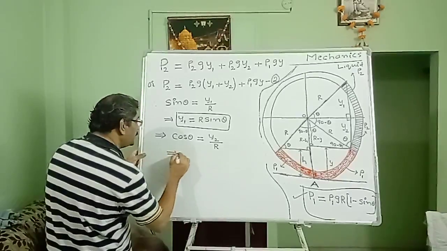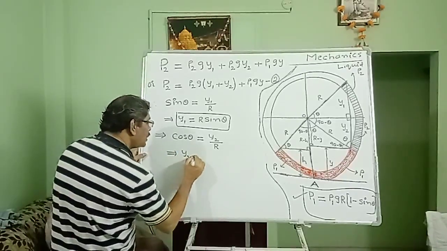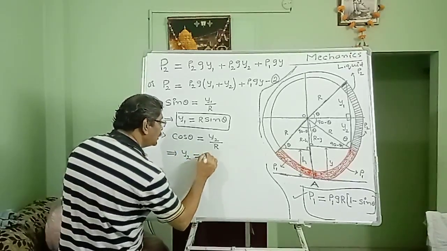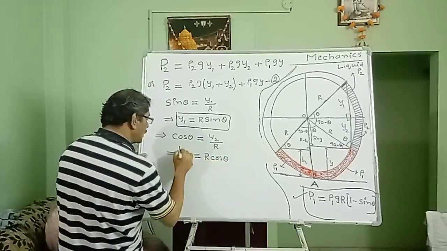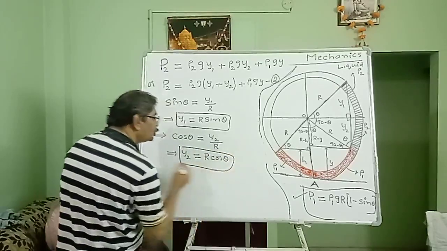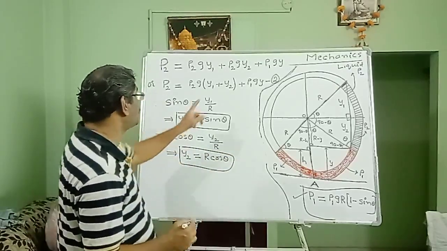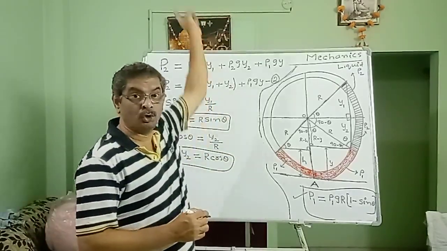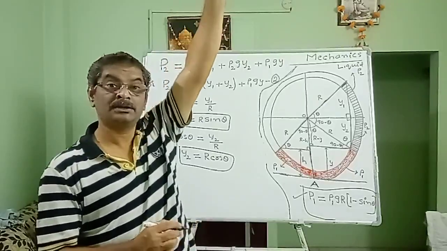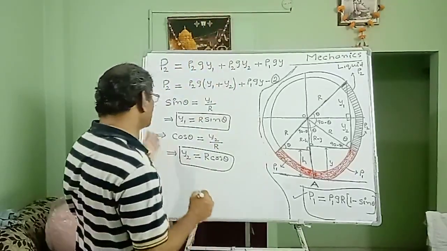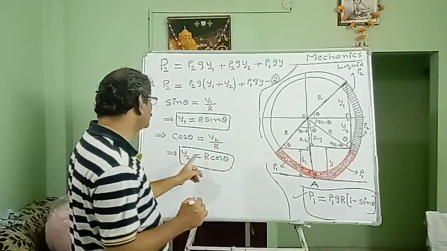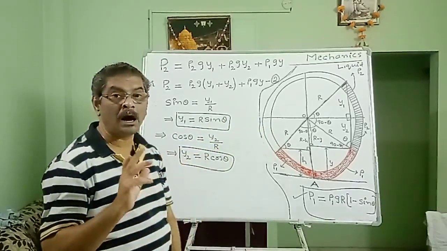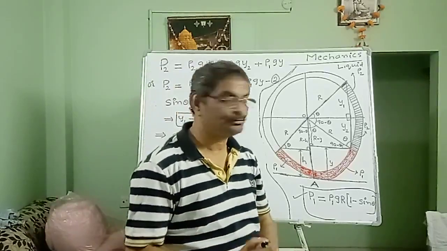That's the reason why y2 will be numerically equal to r cos theta. So we got the value of y1, that will be r sine theta, and the value of y2 will be r cos theta.